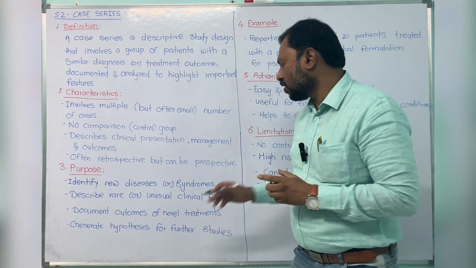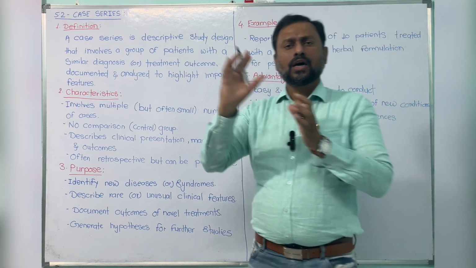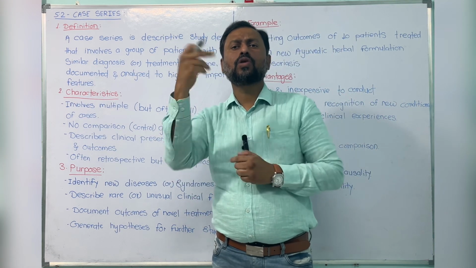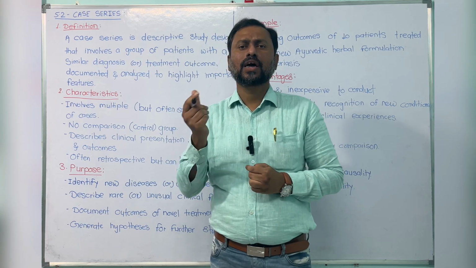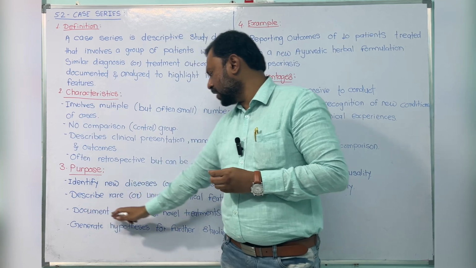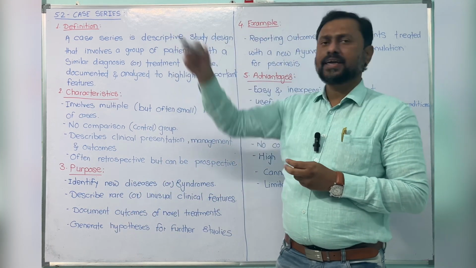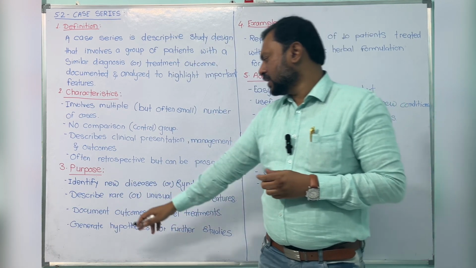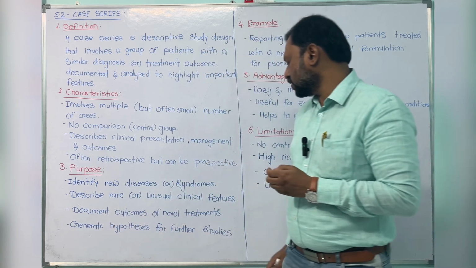Next, document the outcome of a novel treatment. A novel drug is nothing but a new drug you tried, and how the result came is documented as outcomes in a case series. Next is generating a hypothesis for future study.